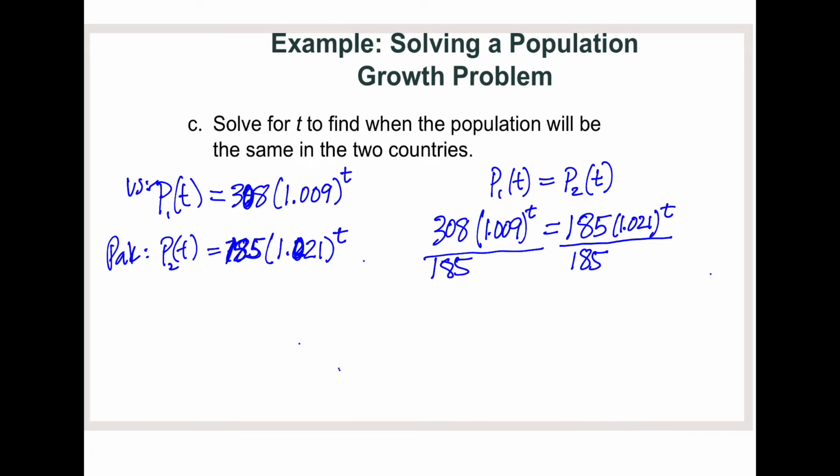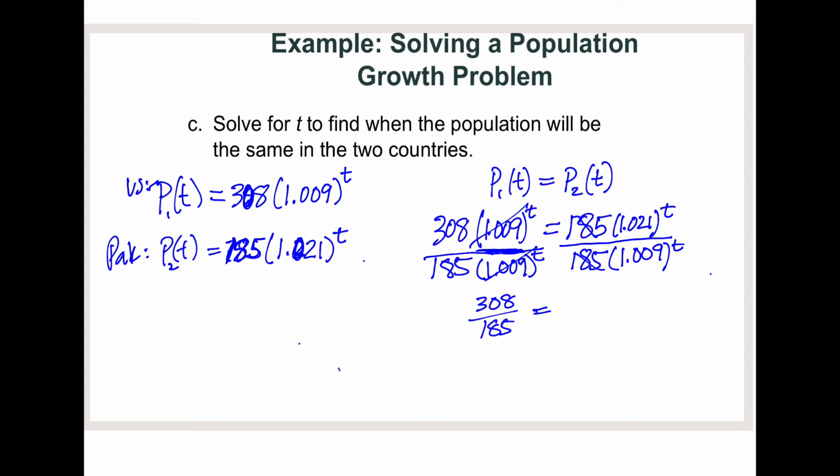And then that will essentially get rid of the number I have here on the right-hand side, but it still leaves me with this part on this side. So I want to get rid of the t power part on this side. So I'm going to divide both sides by 1.009, which will cancel this out. And then on the other side, it doesn't cancel out, but that's okay, because I don't need it to cancel out. I want the t on that side. So this leaves me with just the numbers, the 308 over 185 here.